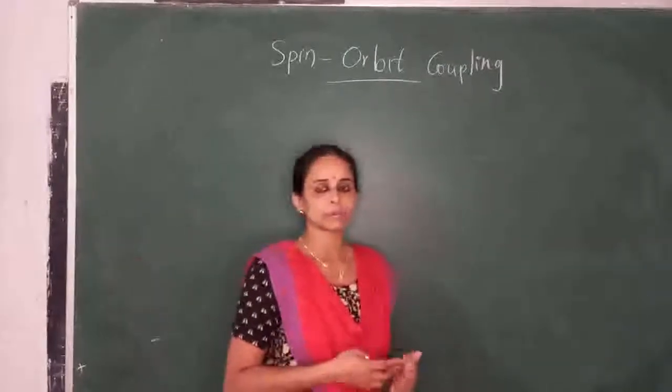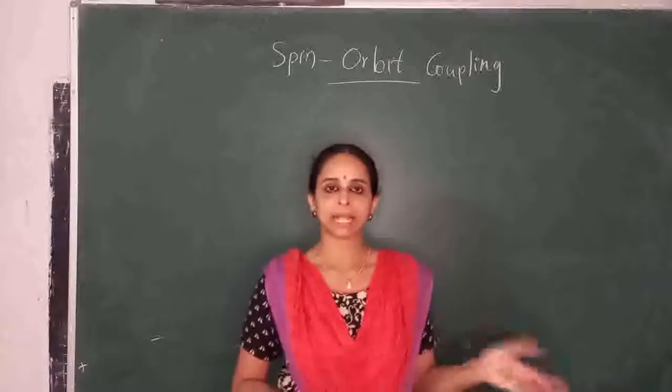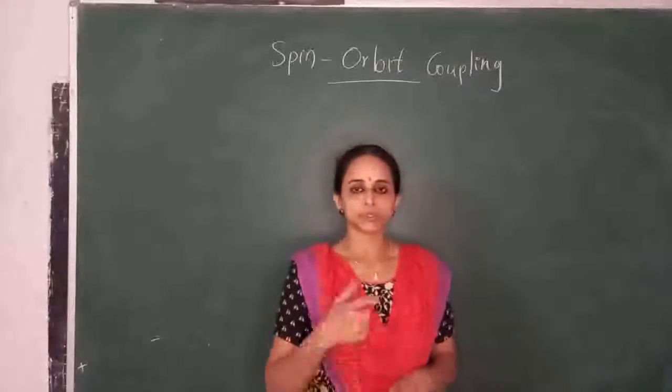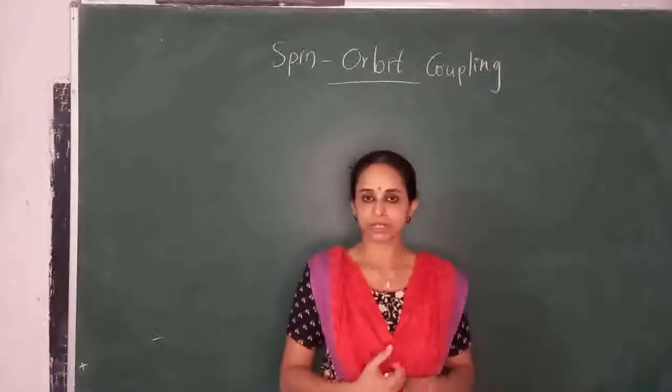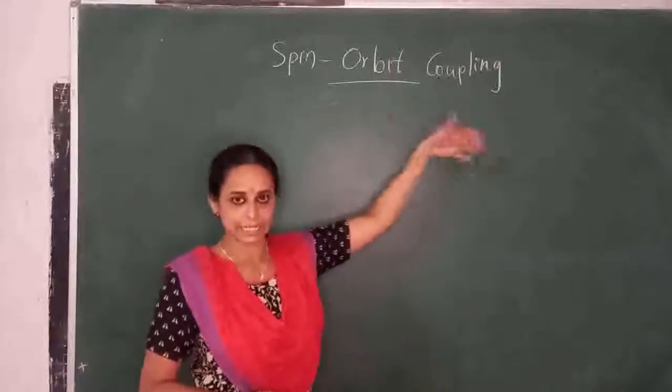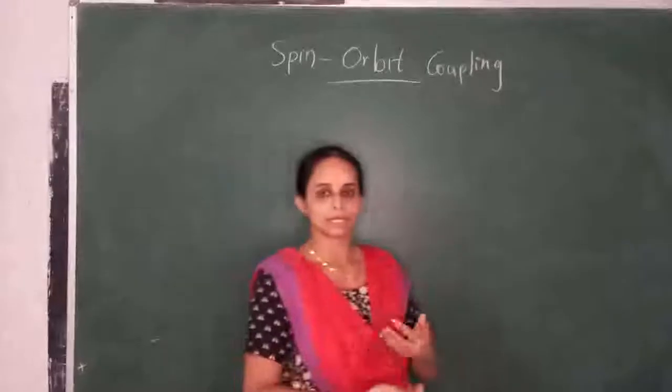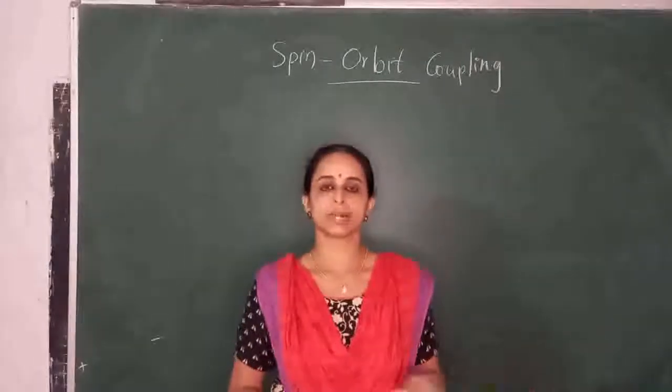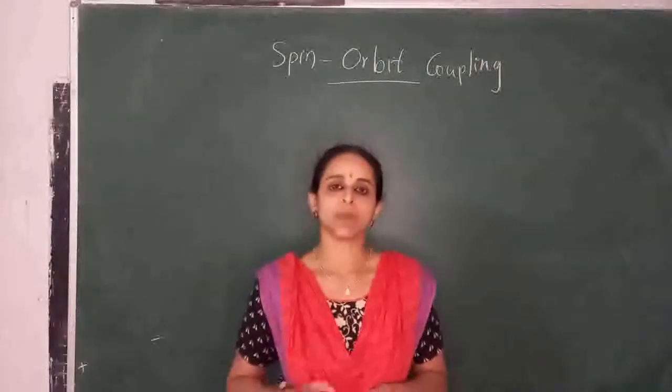Actually, the spin has a magnetic moment. So, due to the spin and the orbital motion of the electron, we have the spin-orbit coupling, the interaction between the two angular momenta.